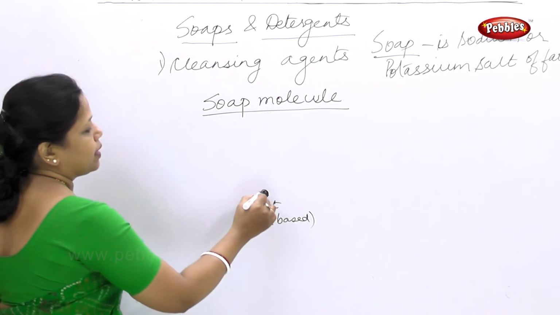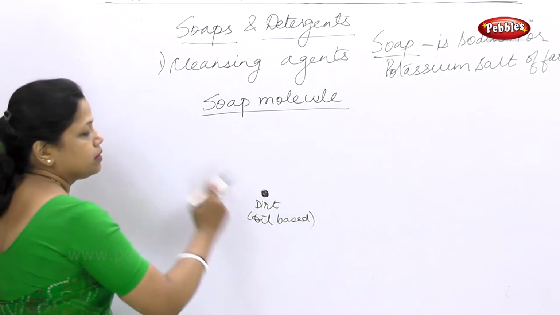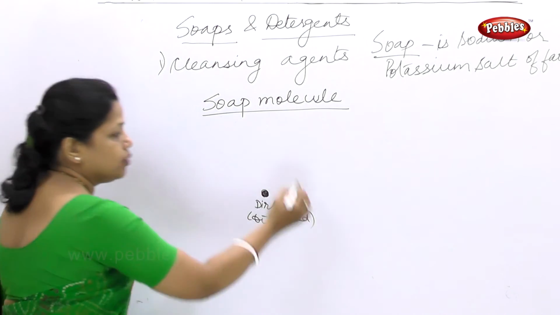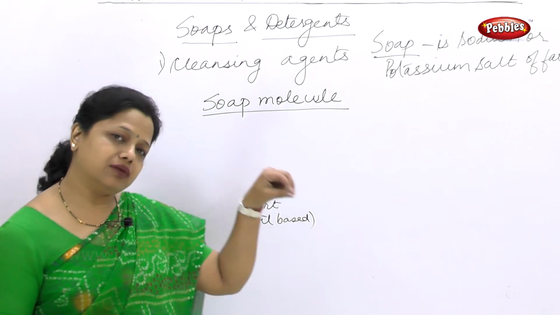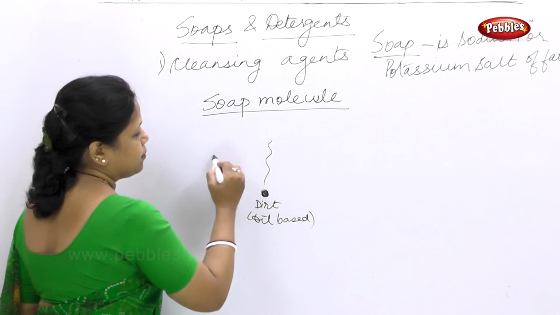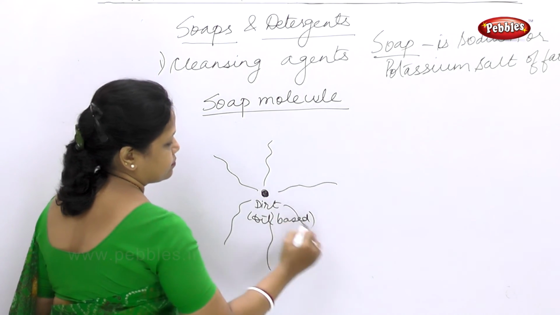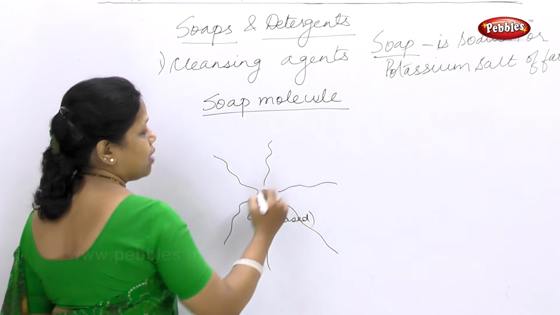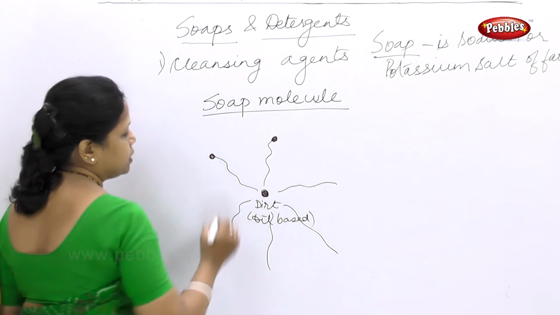Now we are considering one particle of dirt. How is the soap molecule acting on it? Let's see, there are a number of soap molecules surrounding it. Now if I have put a cloth in the foam, what will happen? The dirt particle is surrounded by various soap molecules, and the hydrophilic ends, the sodium or potassium part, are away from the dirt particle.